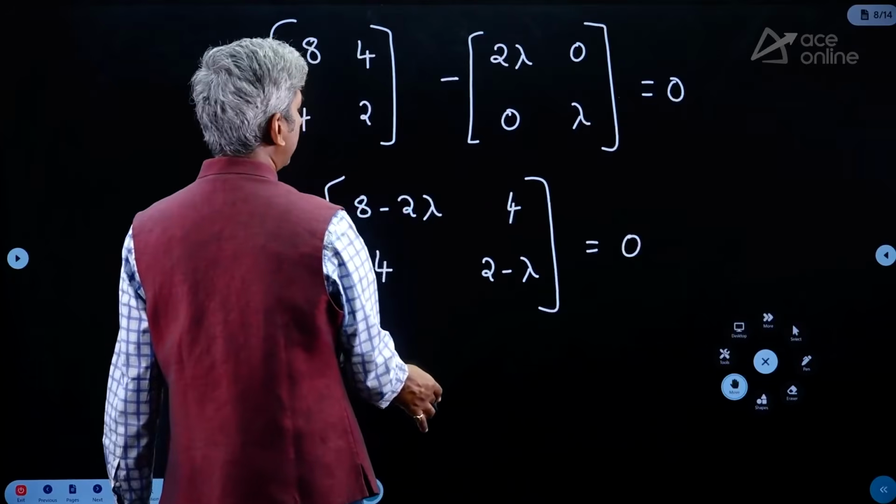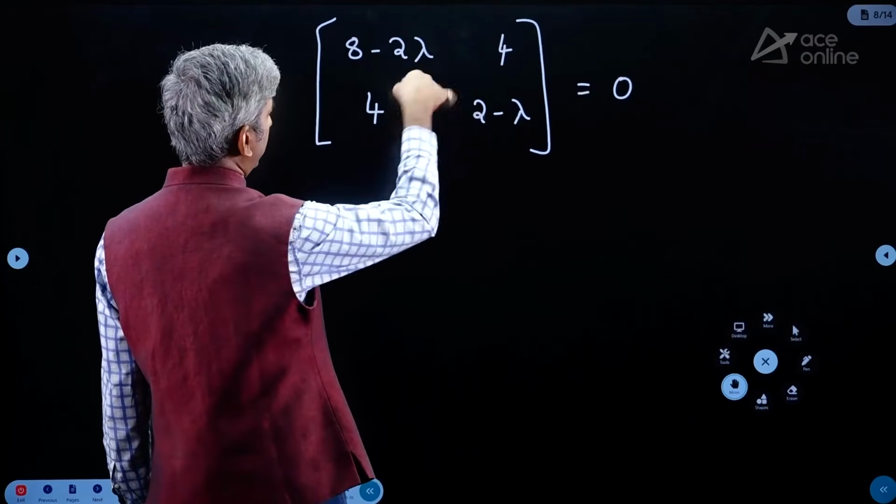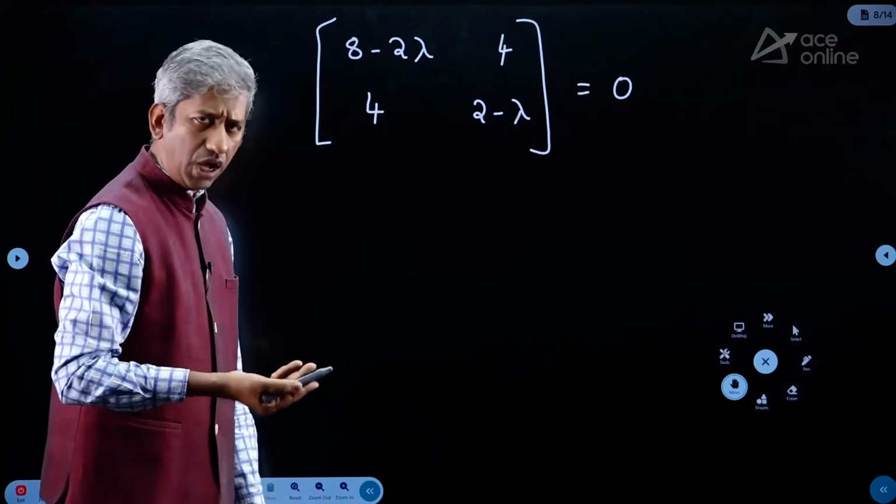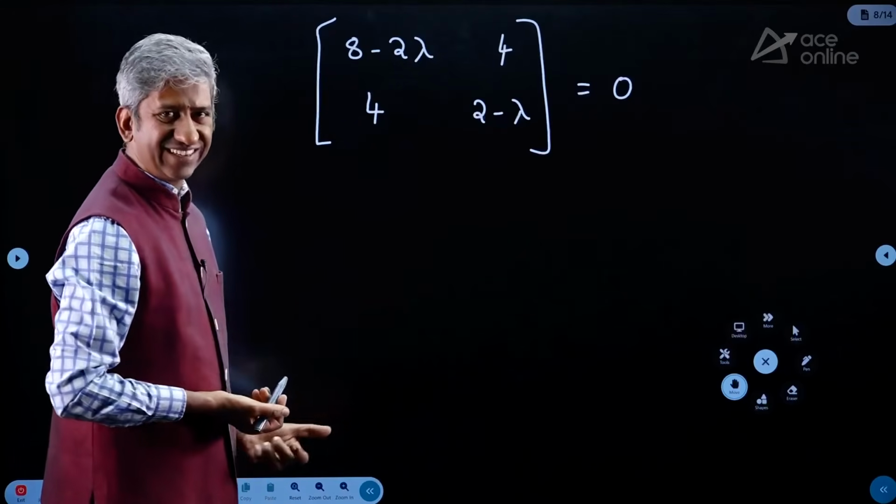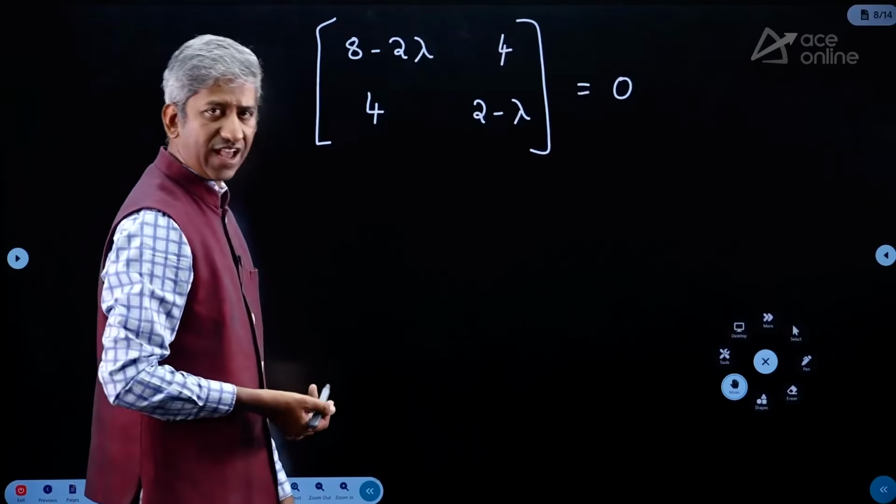In order to get the corresponding lambda value associated with this matrix, it is obvious to get its characteristic equation, because lambda is the eigenvalue.